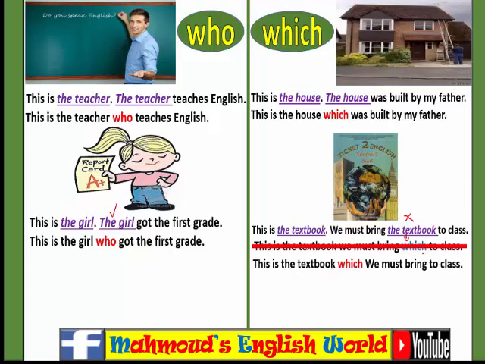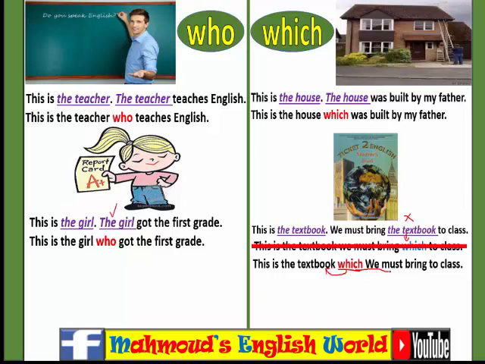Teacher, why do we have textbook here and you moved it to this place? Yes, because which refers to the textbook, so it must come after the textbook, because we said this one functions as an adjective, so it should come after it.